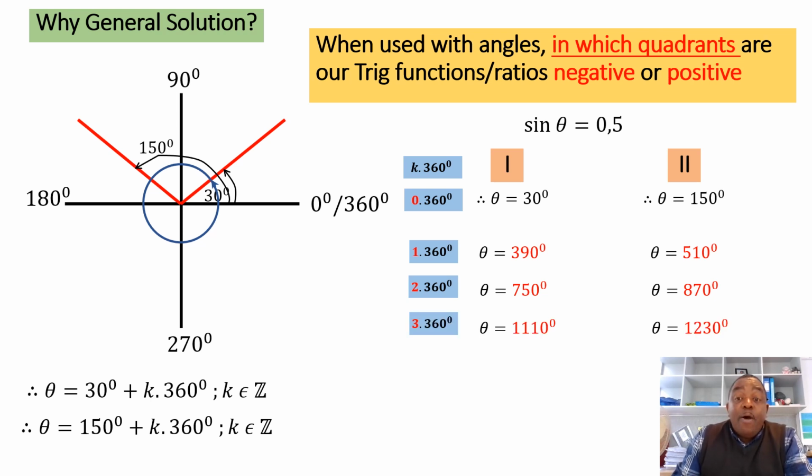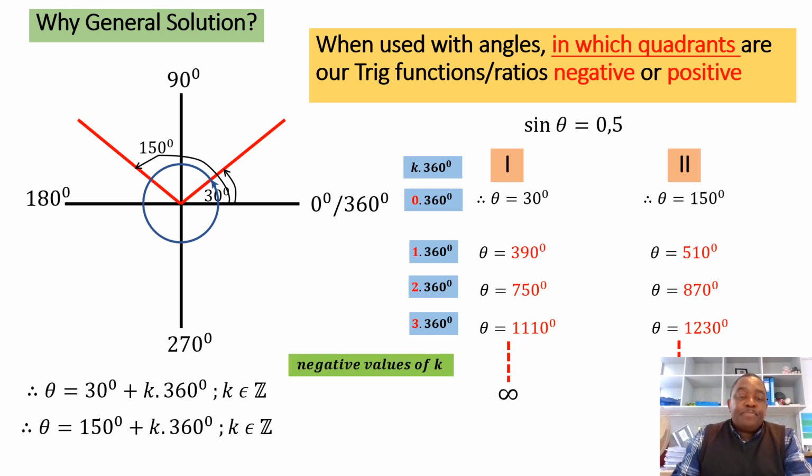This goes on and on up to infinity, giving us new solutions to that equation. So the first 2 solutions of 30 and 150 are not the only solutions. We need a way of writing all those possible solutions, and this is where our general solution comes in.